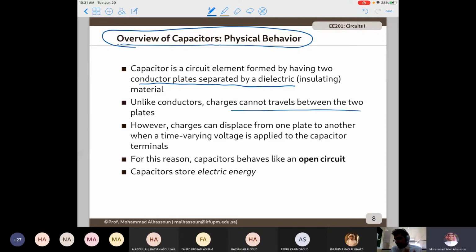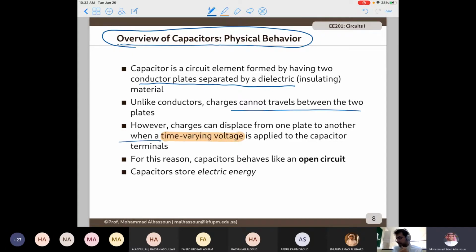So when we apply a time varying voltage, charges can displace from one plate to another. What do we mean by time varying voltage?